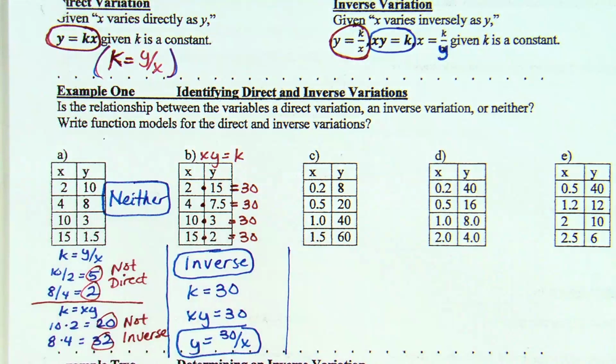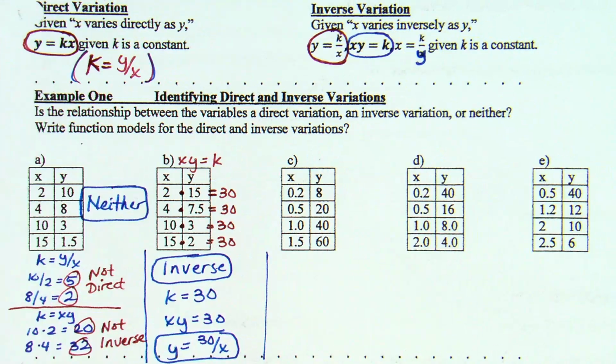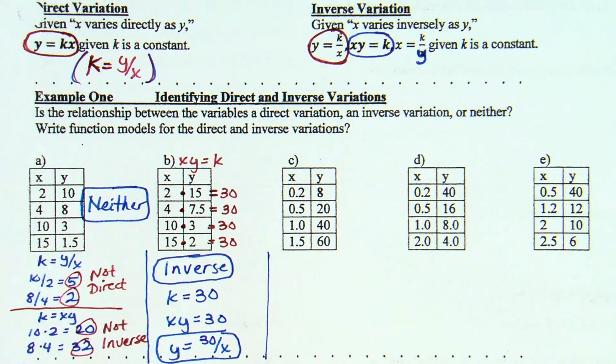Okay. What are your thoughts on C? Divide? Some of them are easier to divide than others, but now when she says divide, am I doing x divided by y or y divided by x?